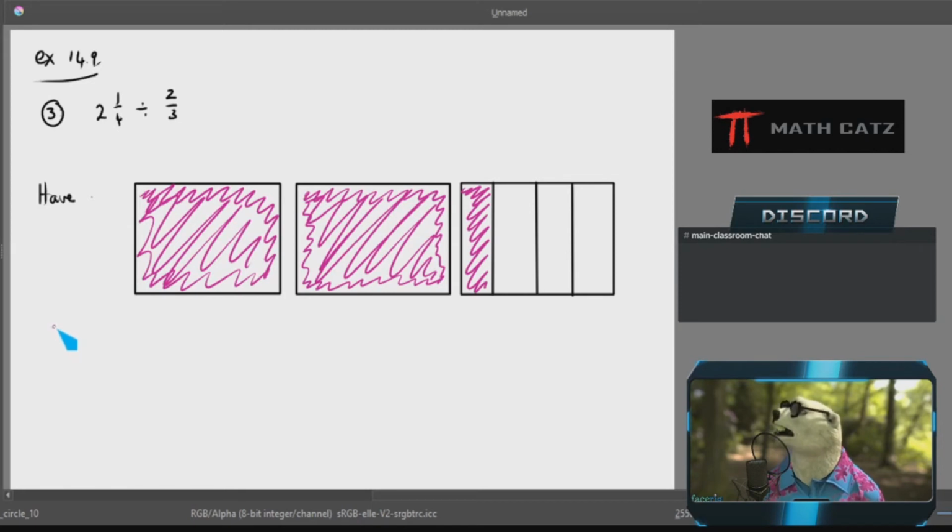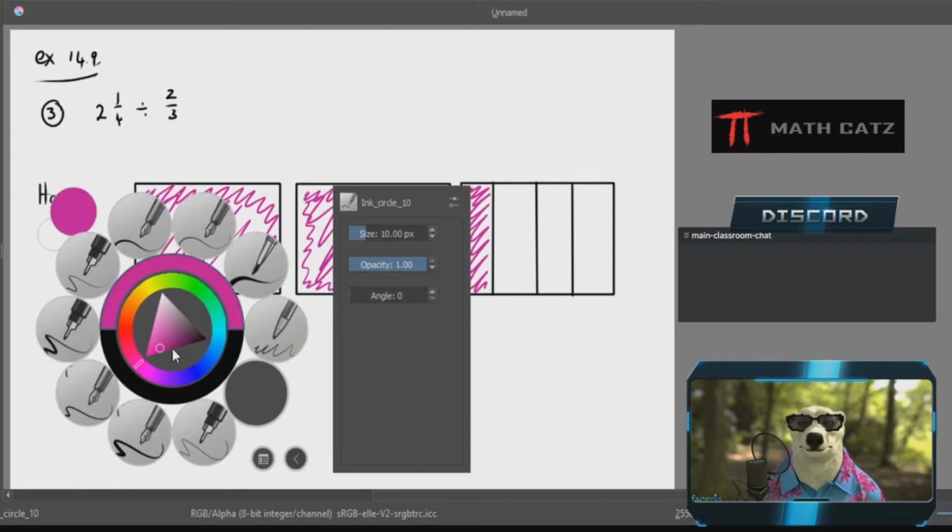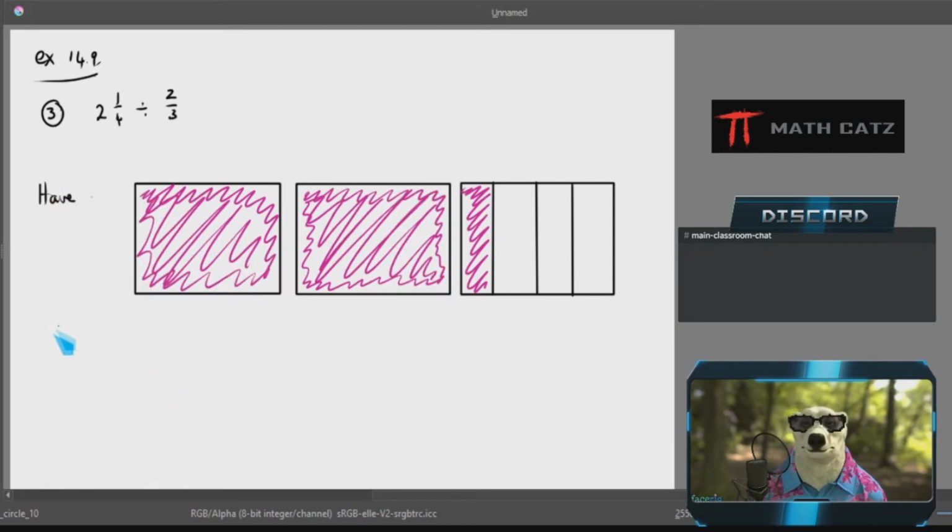Now we have our group, or group size, is 2/3 of a whole rectangle. Not of what we have, just group size. So I need to figure out, well, what is this?